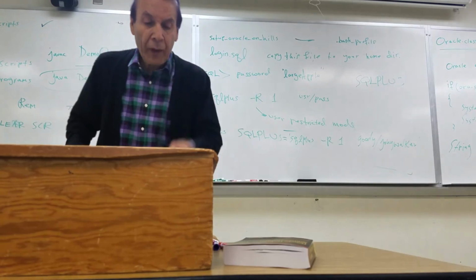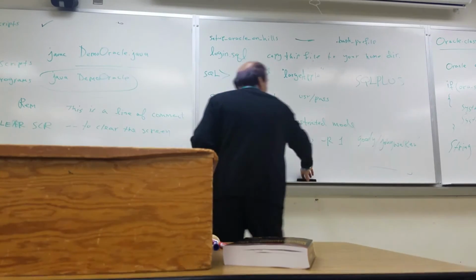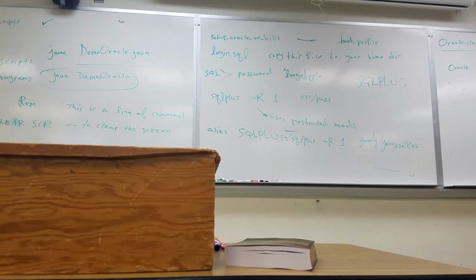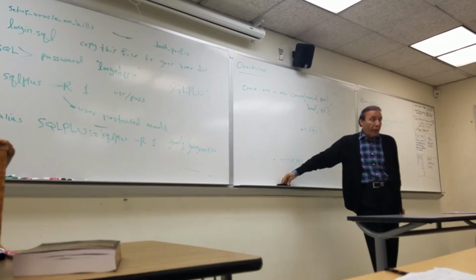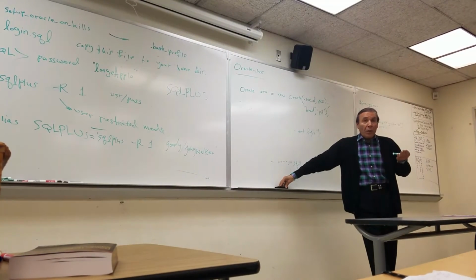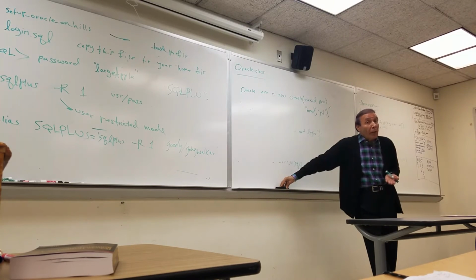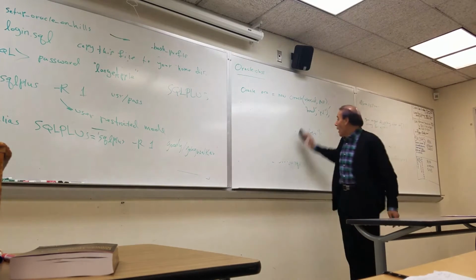Now, normally, when a DBA wants to log into Oracle, he or she wants to use the full power of Oracle. It means that normally DBAs are doing some very important jobs that regular people cannot do, right?